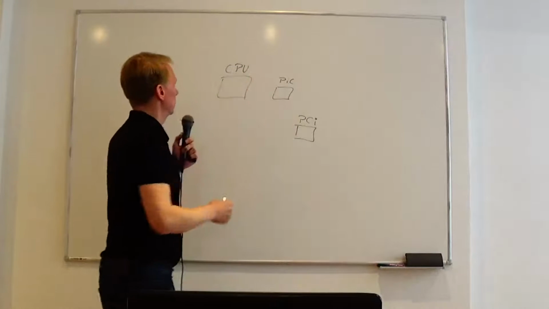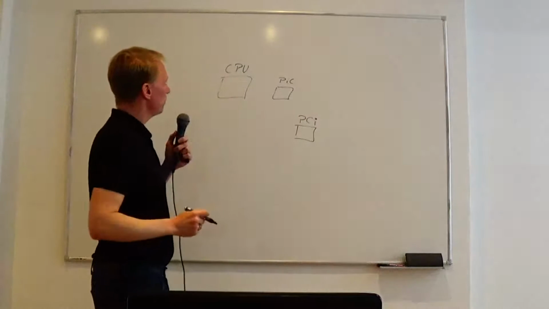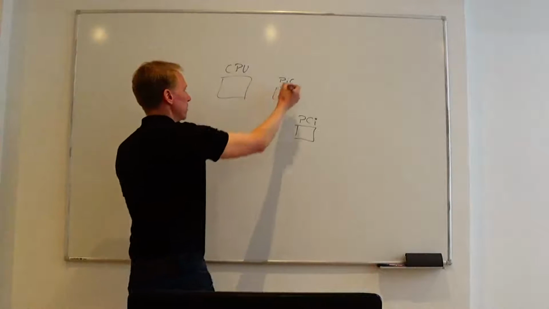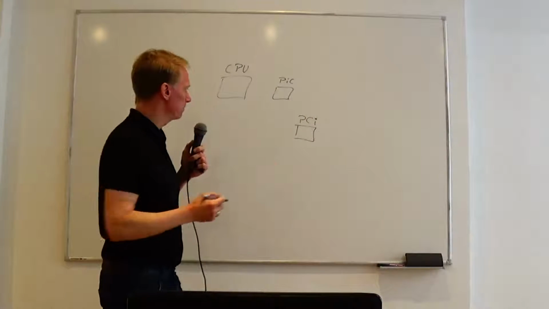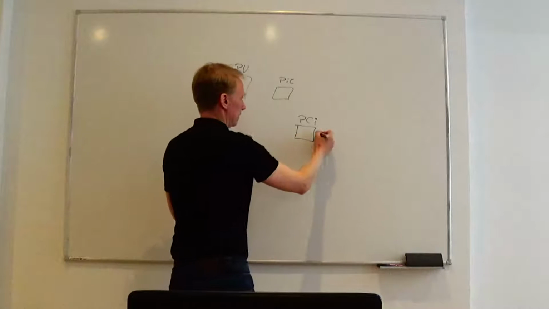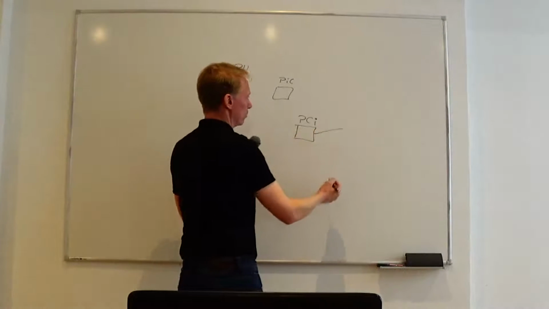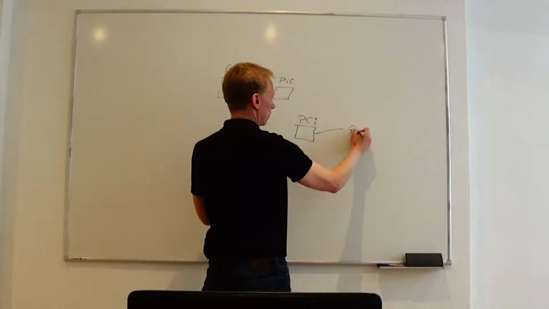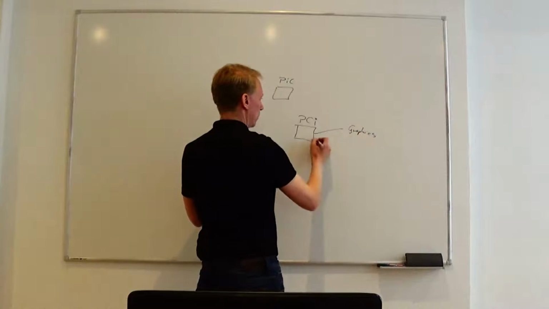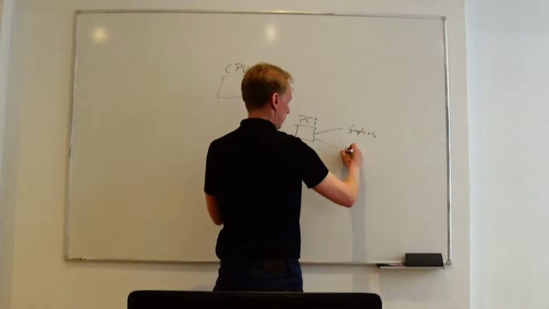So you have your processor, your programmable interrupt controller, and your PCI controller. And connected to your PCI controller are, for example, your graphics card and your network card.